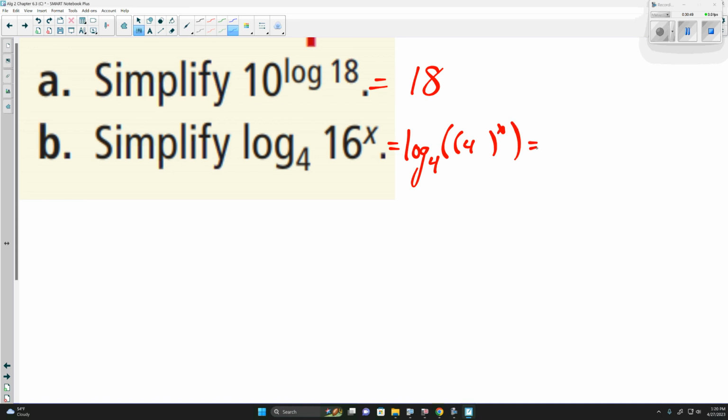Now it's going to be nice to rewrite 16 as 4 to a power. 4 to the 4th would be 16 squared. My head's telling me it's 256.